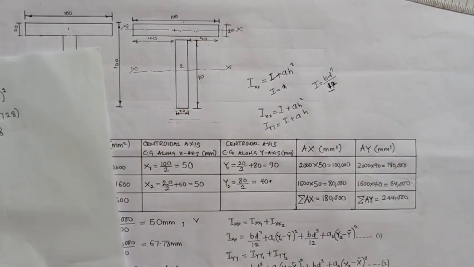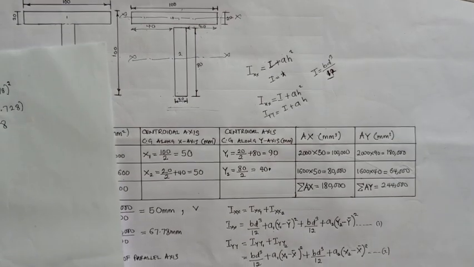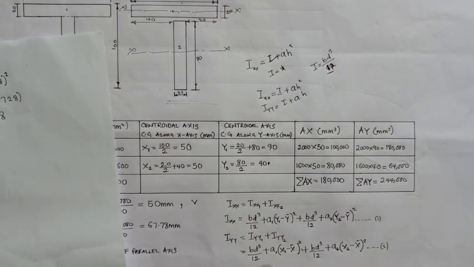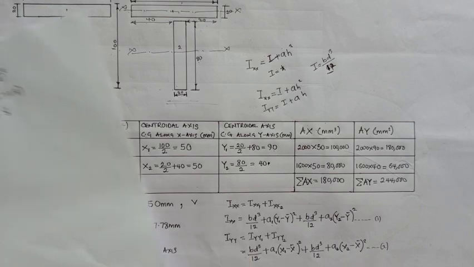From what we have here, the IYY is giving us this formula here, which I'm going to write.